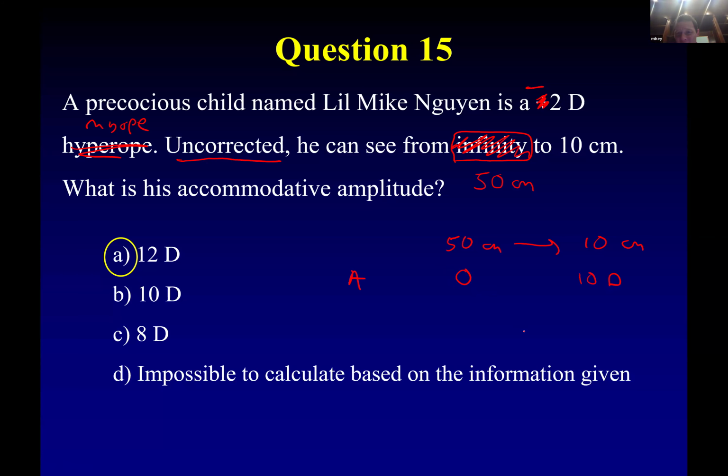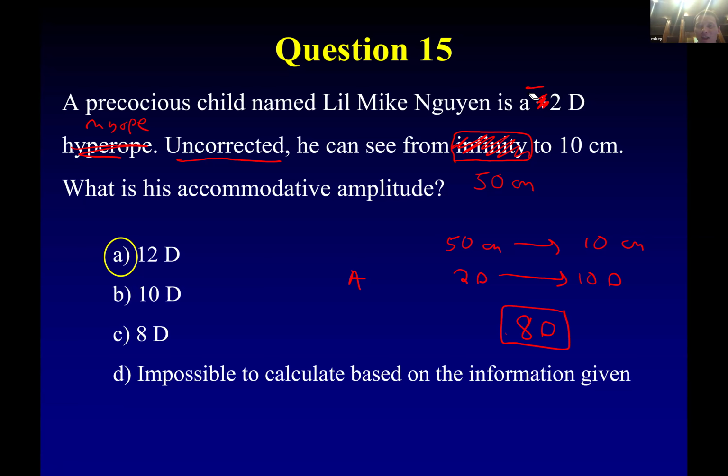So in this case, his accommodative amplitude is 8 diopters, because he has 2 built in, and he's using an extra 8 to get to 10 centimeters. I feel like I might be confusing myself and everybody else with this situation. So it's more like he's got 2 diopters already built into his eye, and he has to get 10 to here. That's a better way to write it. And so his accommodative amplitude is 8 diopters.